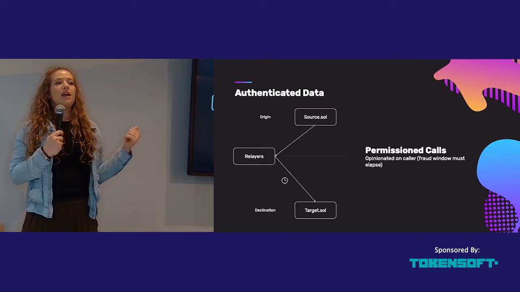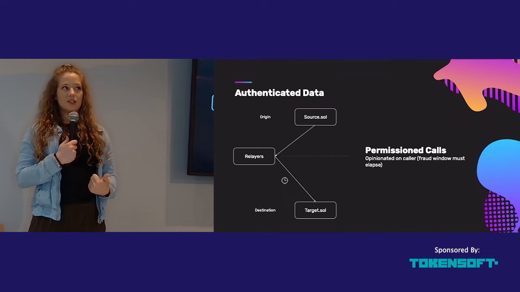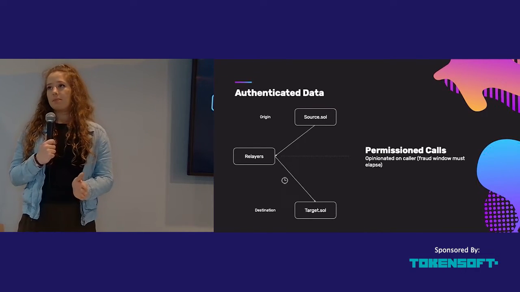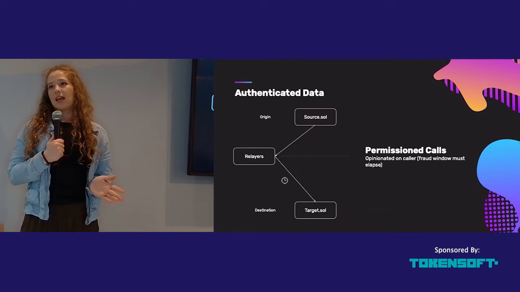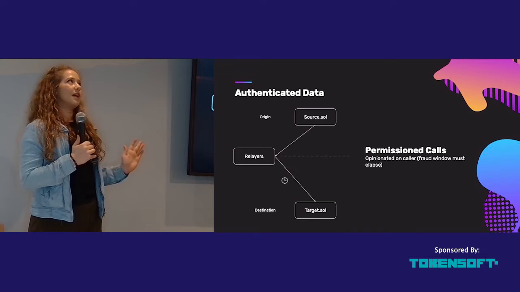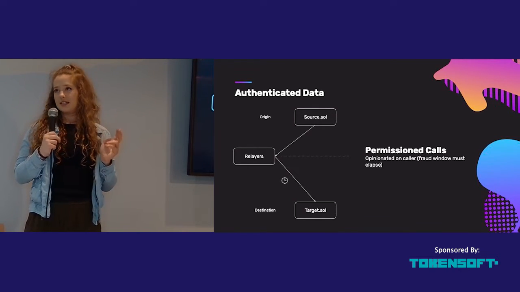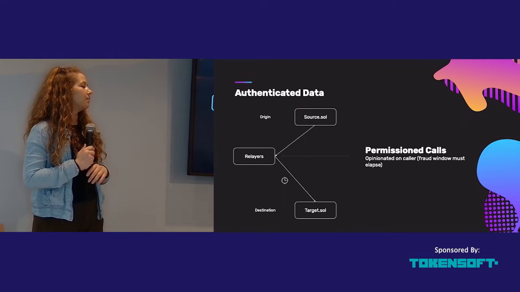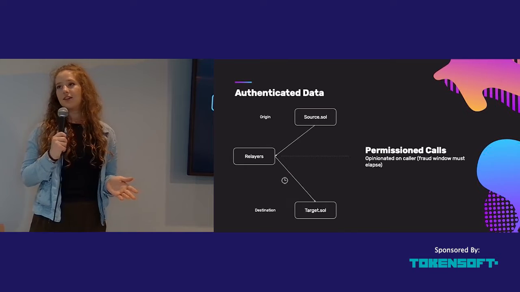If you're using an optimistic messaging system, you can only really rely on those messages to be valid once the fraud period has elapsed. Up until that point, it may be valid, but you can't guarantee it. So any data that you're using in advance of that window elapsing is unauthenticated data. But you can also wait for that window to elapse and then treat the data as authenticated.